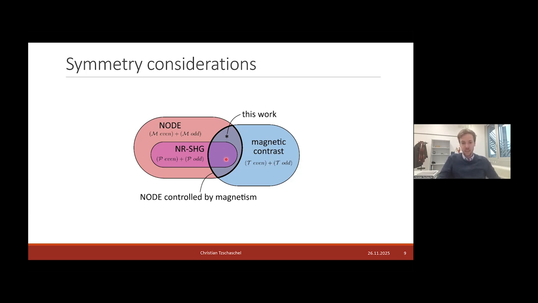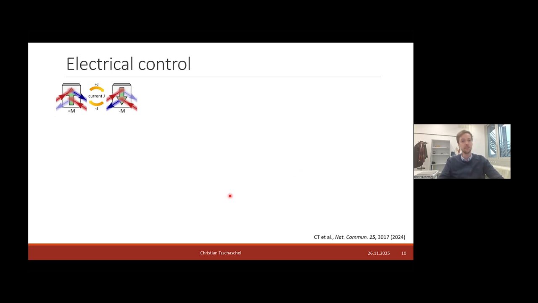Okay, now I showed you already that the diode effect can be controlled here with the direction of the magnetization. Of course, for applications, it would be even better if we could do this electrically. So you can imagine that you pass a current through your material, and that flips the magnetization. And then by controlling the current, you can control the directionality of the diode effect.